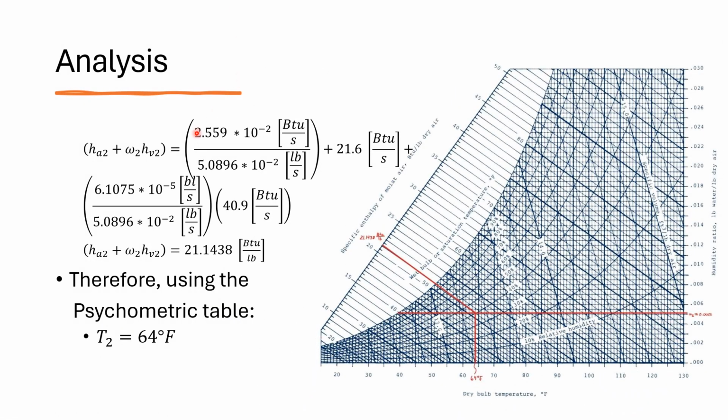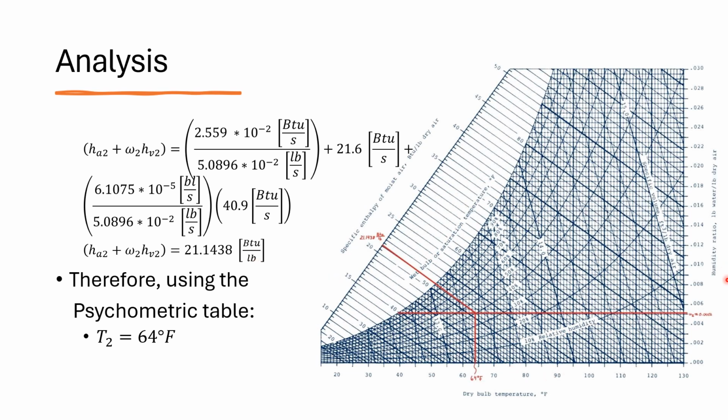Using the equation that we got a few slides ago and plugging in all the variables that we found, we get a value of 21.1438 for the specific enthalpy of moist air at state 2. Using the psychrometric chart, we can use this information to help solve for the temperature.